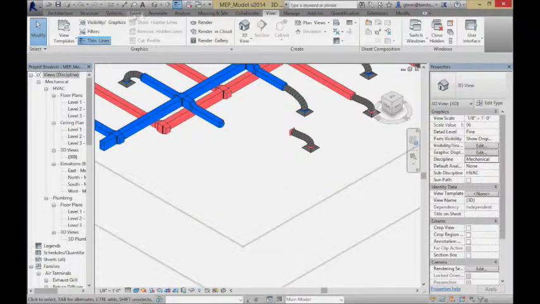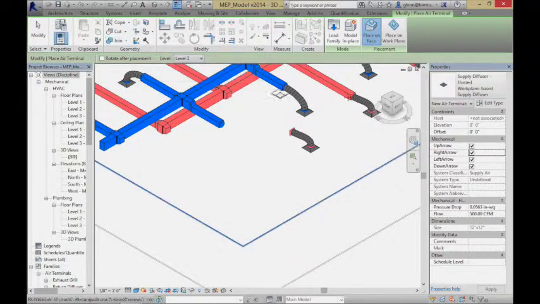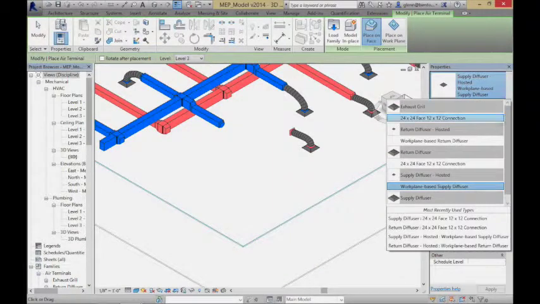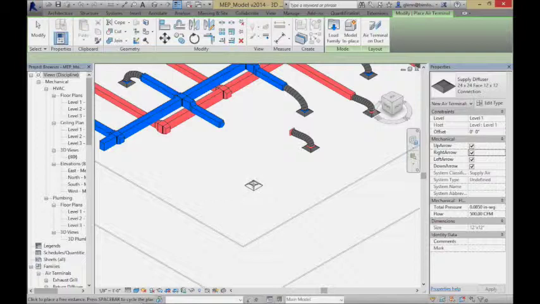You start by putting in some terminals. I'll go to the systems, and I'm going to put in an air terminal. And every air terminal has this whole notion: is it a supply or is it a return? So if, for example, it's a supply diffuser, I'll put it in there. I'm just going to put it on the face of the ceiling for right now.